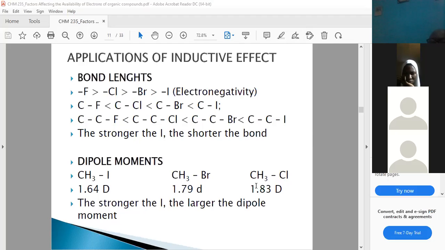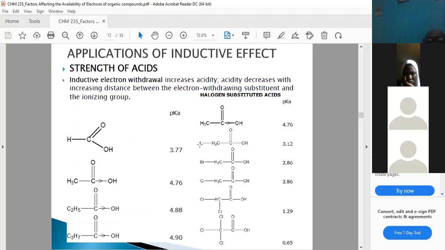Then we talk about the strength of acid as another application. The import of the strength of acid is that if you have an electronegative species in an acid, an electron withdrawing species that will constitute negative inductive effect, it will increase the acidity of that molecule.